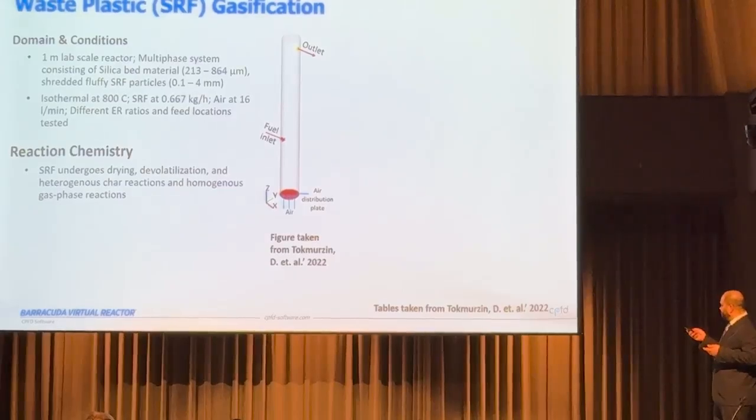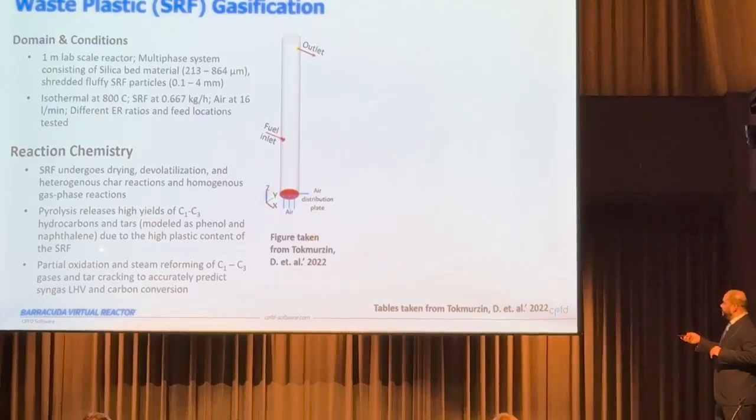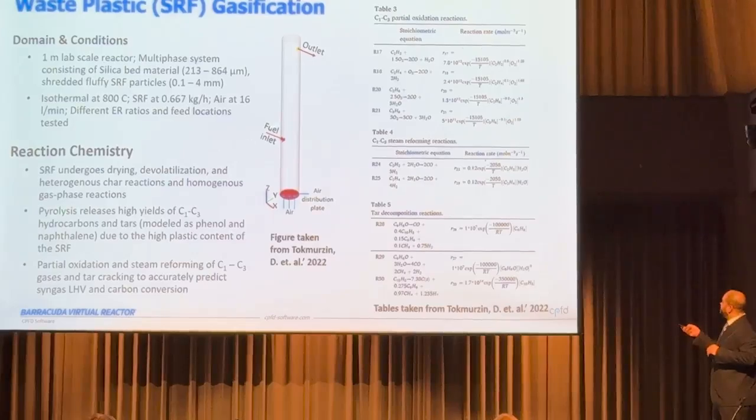They are running this as isothermal. I've given the flow rates there. But if I point to the reactions again, they say that SRF also undergoes drying, devolatilization, and heterogeneous char and homogeneous reactions, very similar to what we looked at for coal. But in addition to that, they have reactions for C1 to C3 oxidation.